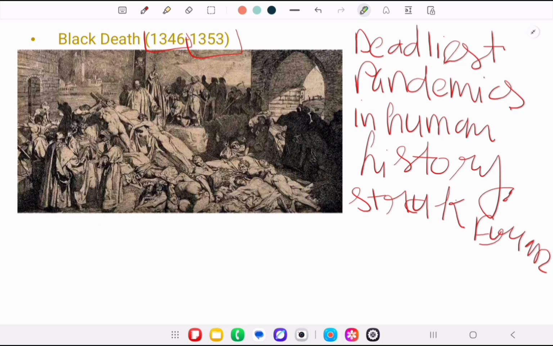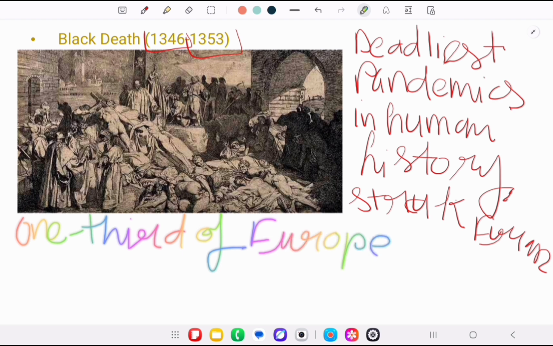In the Middle English era, estimates suggest that the Black Death killed about one third of Europe's population.